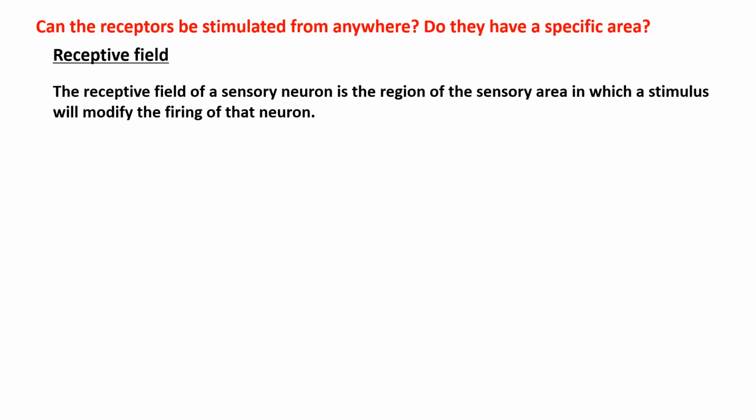In very simple terms, it is the region within which, when you apply a stimulus, it will generate a receptor potential. If the adequate stimulus is outside the receptive field, it will not elicit a receptor potential. So each receptor has its own receptive field within which it will be able to sense a change in pressure or whatever the stimulus is.